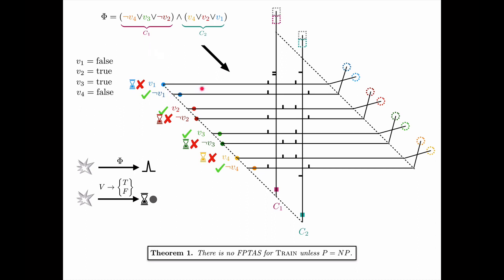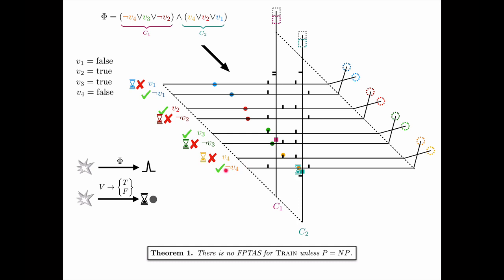And now the entire construction guarantees that a train traveling along a literal track collides with a clause train if the corresponding literal is not fulfilled in the corresponding clause.